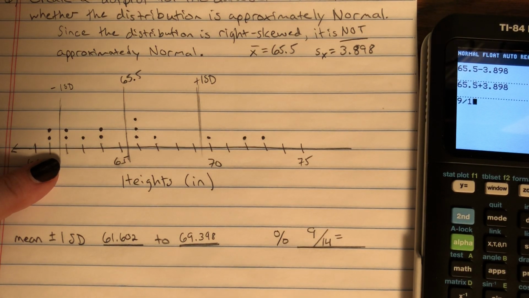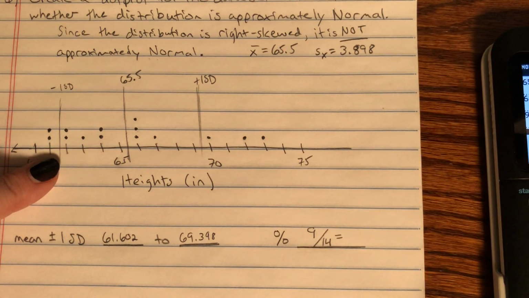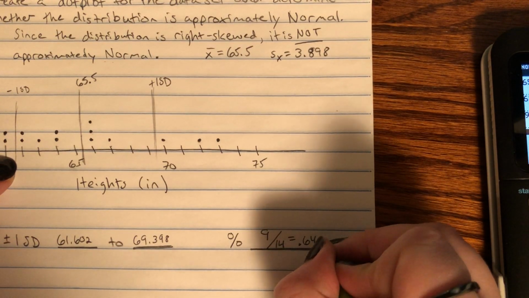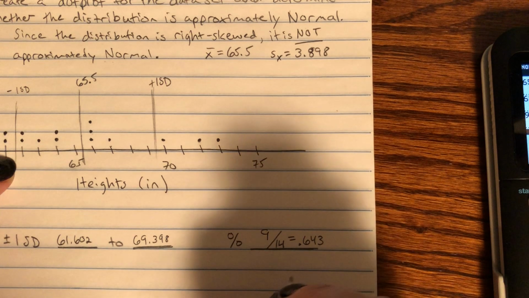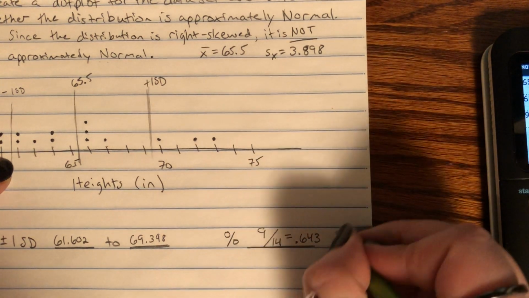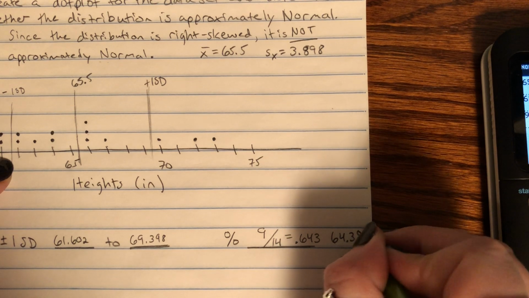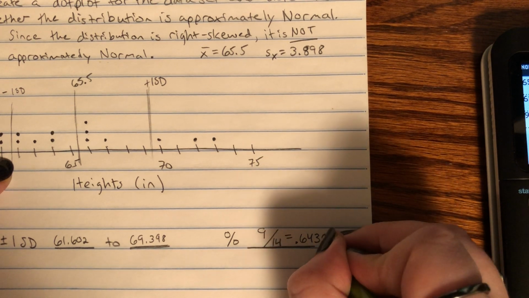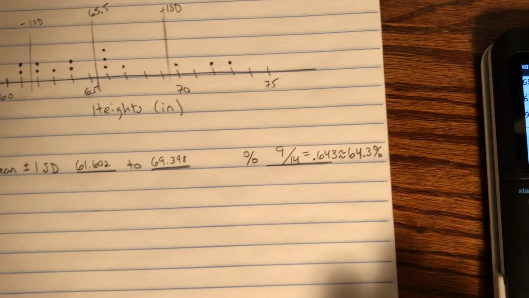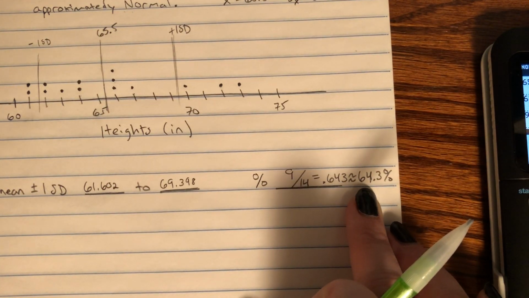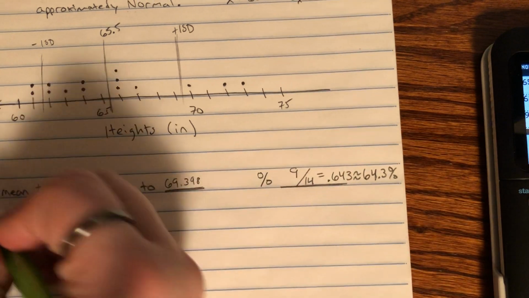So 9 divided by 14, not bad. Gives me about 0.6428, so I'm going to round to 64.3% approximately. That's decently close to the 68% part of the rule.